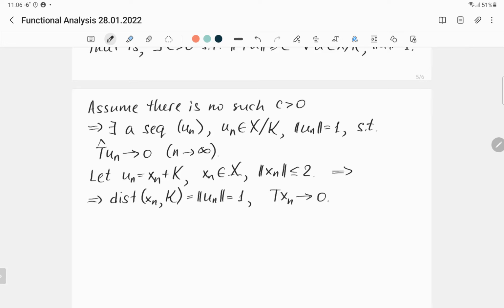Okay, now xn is a bounded sequence, and S is a compact operator. So if you apply S to xn, then the resulting sequence has a convergent subsequence. And by passing to the subsequence, we may assume from the very beginning that Sxn converges to some element x of X, because S is compact.